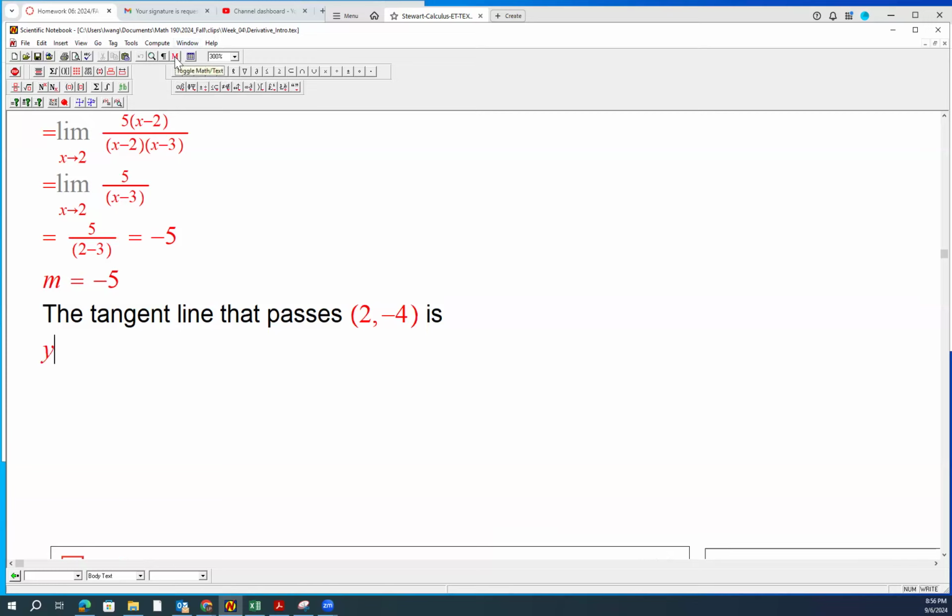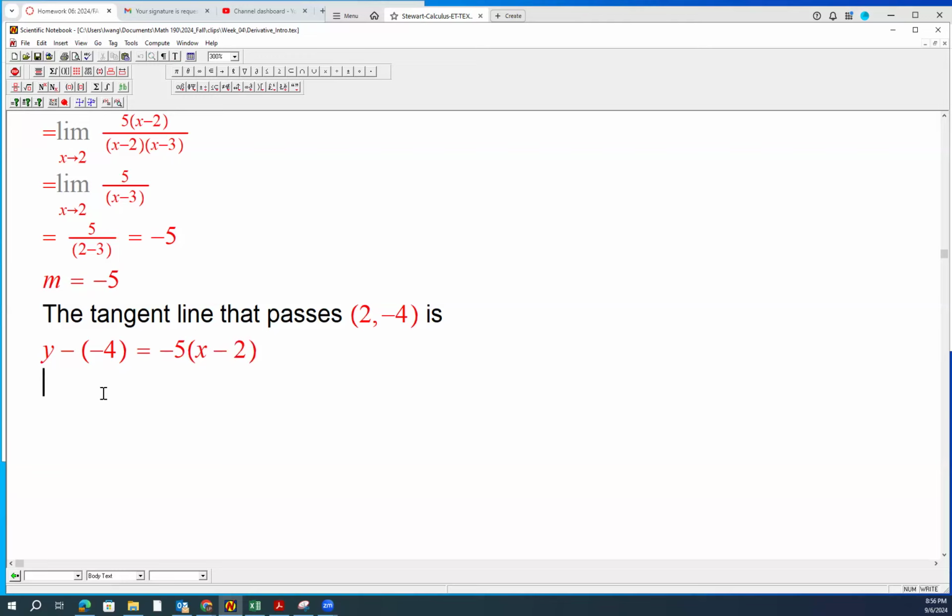We have y minus y sub 1 equals, this is the point slope formula, m times x minus x sub 1. Okay, so we just substitute. Y1 is -4, x1 is 2, slope is -5.